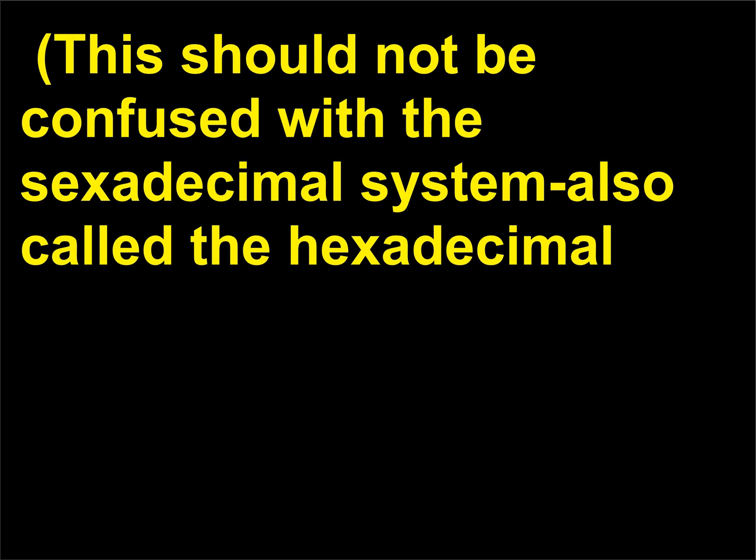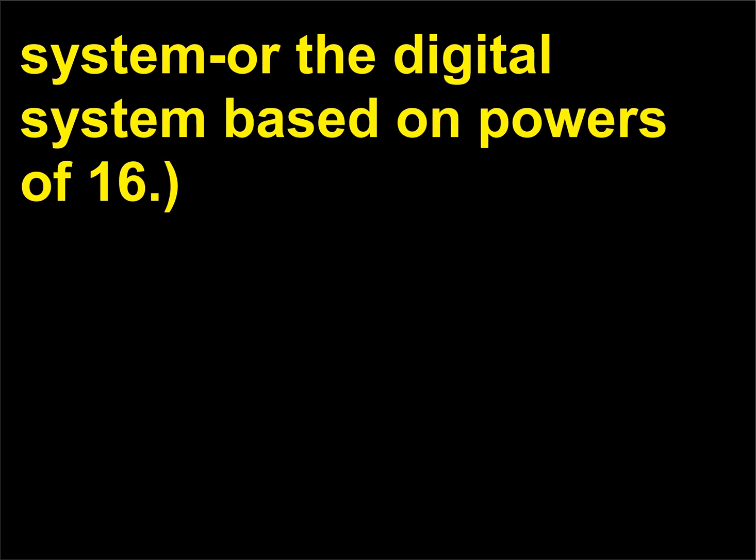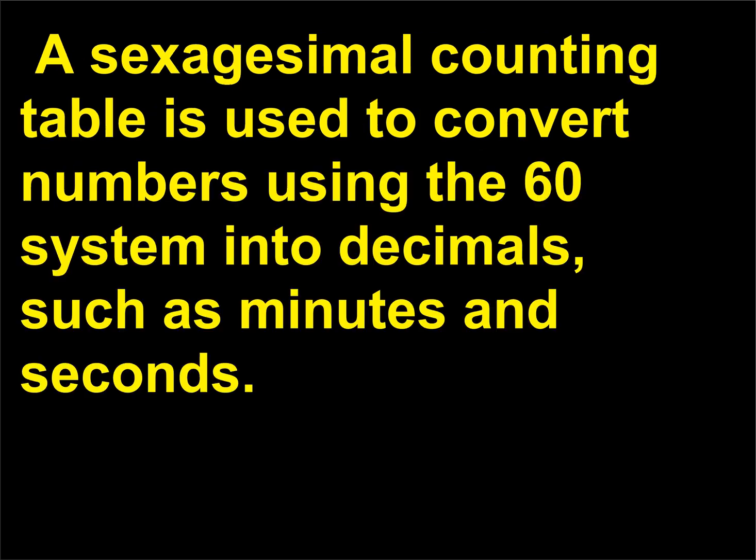This should not be confused with the sexadecimal system, also called the hexadecimal system, or the digital system based on powers of 16. A sexagesimal counting table is used to convert numbers using the 60 system into decimals, such as minutes and seconds.